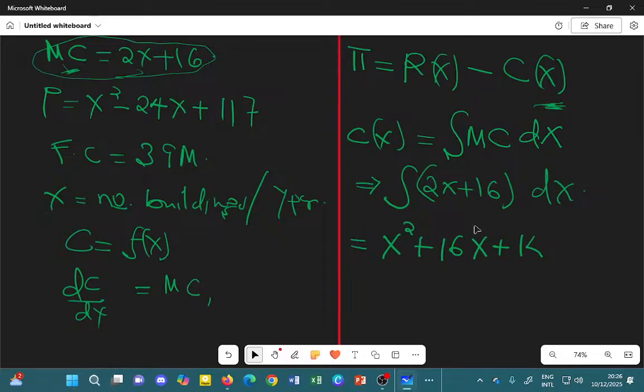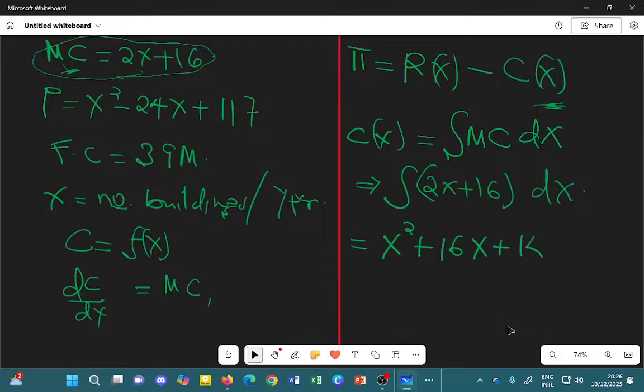So if we have fixed cost to be 39 as we had been given, then it means that fixed cost, that is cost that you incur at 0 output. So I'll proceed by saying fixed cost is cost that you incur at 0 output.